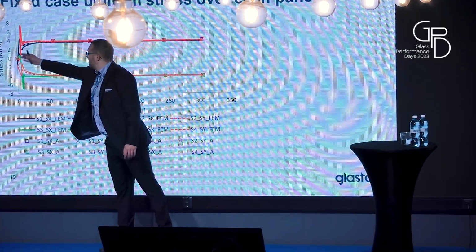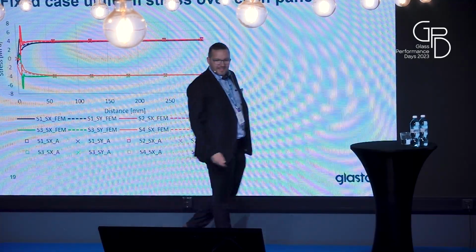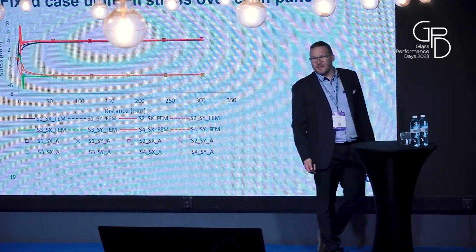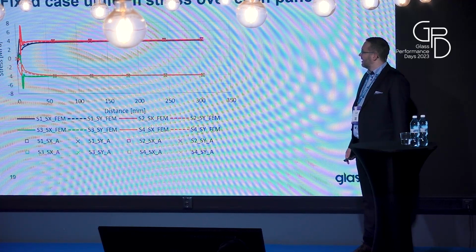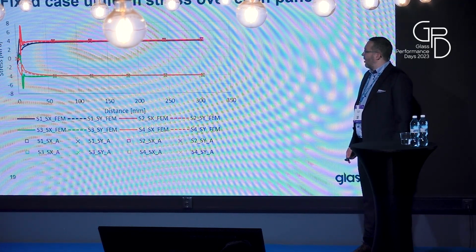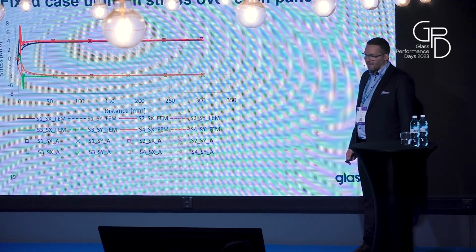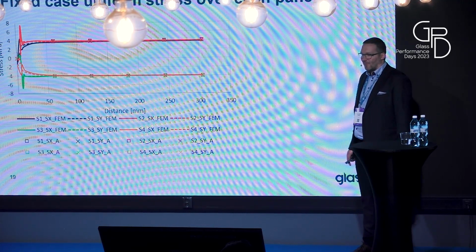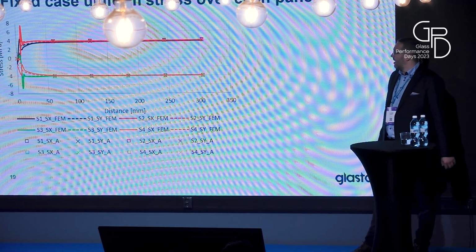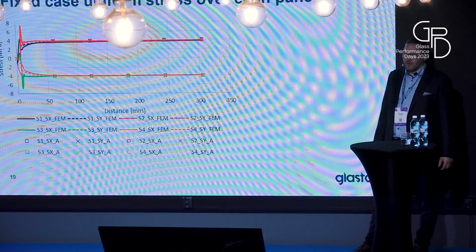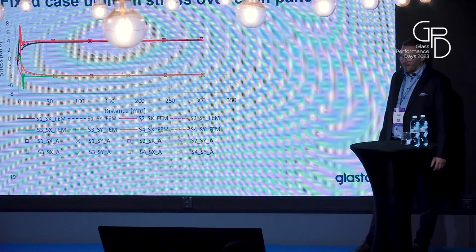There might be some differences at the edge area because in the finite element there are a little bit different things, but how it all combines compared to an analytical model, because in the analytical model you can take everything into consideration. But stresses in the middle are in a good range between finite element and analytical solution.